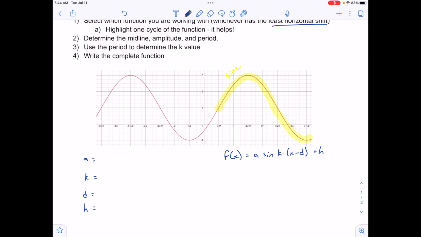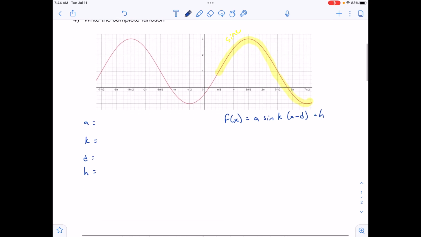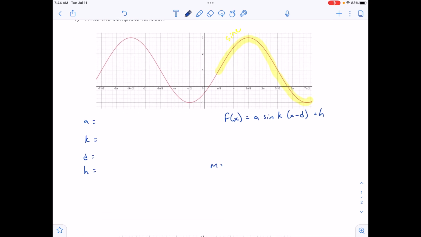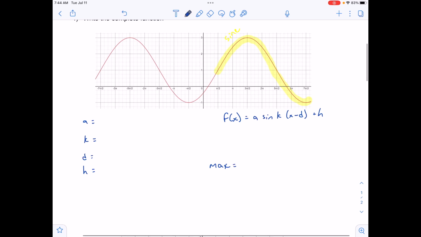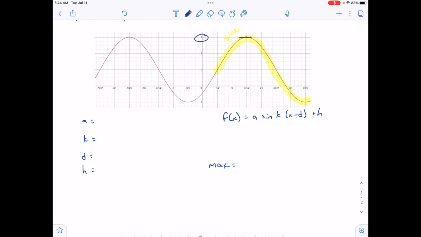I can see that I have a max value of 3. That's the highest that my graph goes. And I see I have a min value of -1. Now, our midline, aka our vertical shift, is located exactly halfway between the max and the min.